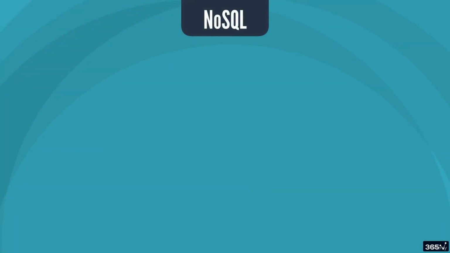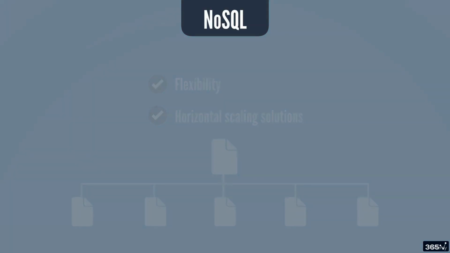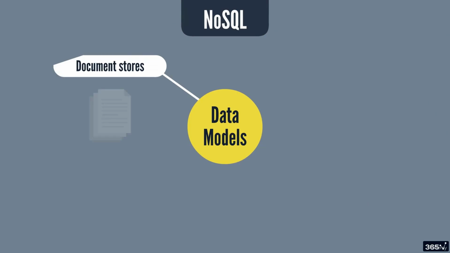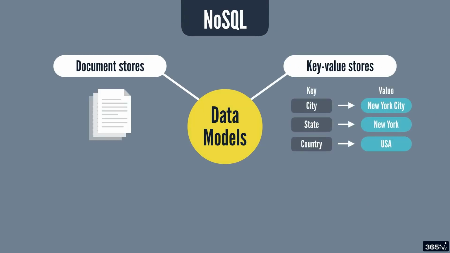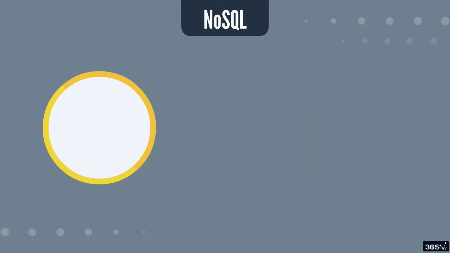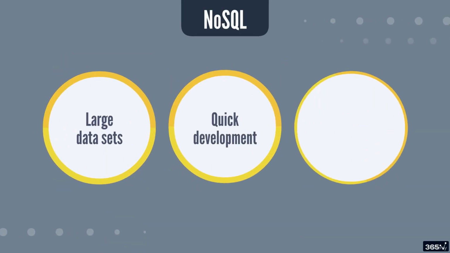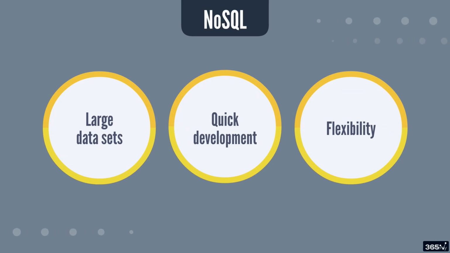NoSQL is schemaless, offering more flexibility in data storage and often providing horizontal scaling solutions. They encompass various data models, including document stores, key value stores, wide column stores, and graph databases. They're optimal for large data sets with no fixed structure, rapid development, and applications where data requirements frequently change.